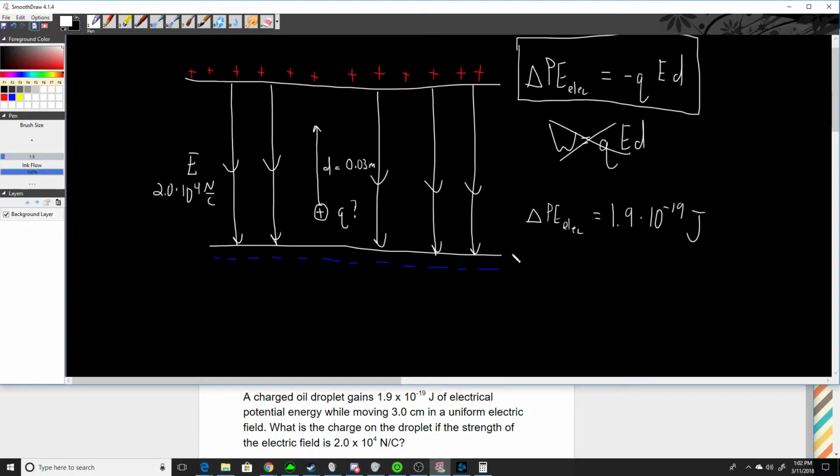So let's go ahead and plug in some numbers quick. So I have the change in electrical potential energy.